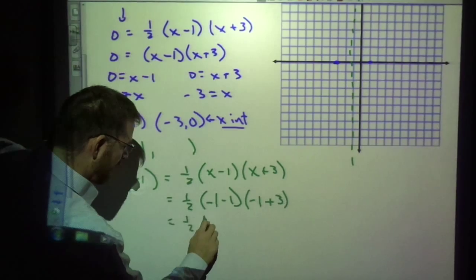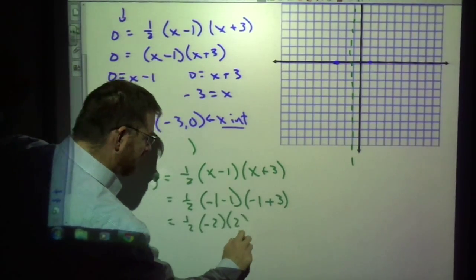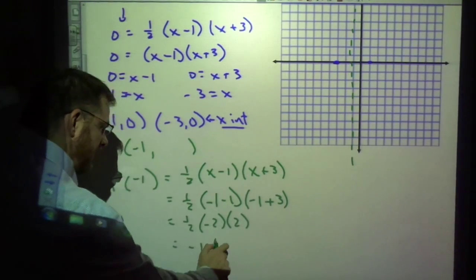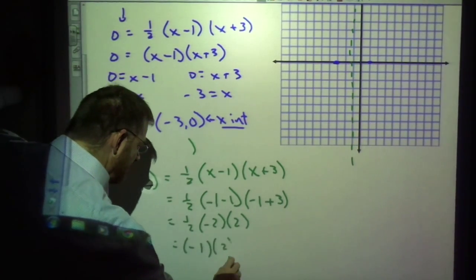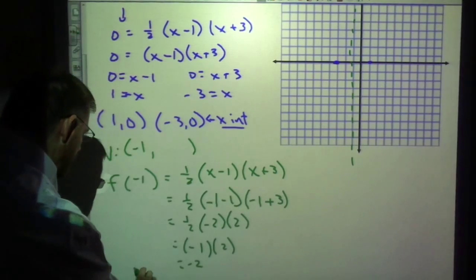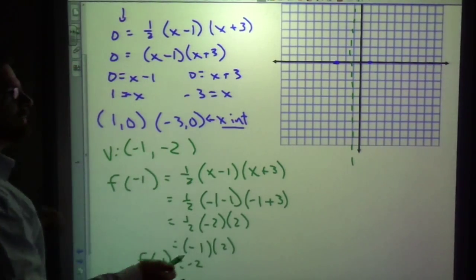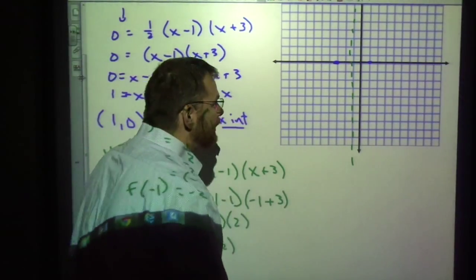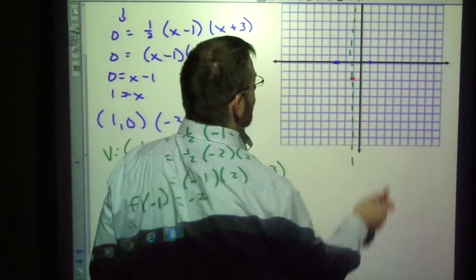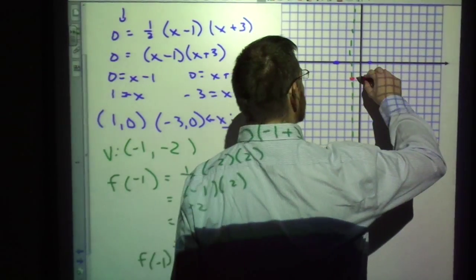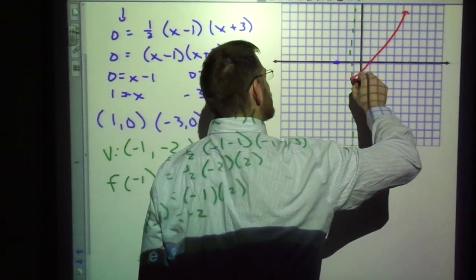Which is 1/2 times -2 times 2. 1/2 times -2 is -1. And -1 times 2 is -2. So f of -1 is -2. That is my minimum right here at -2. It's a little bit fatter than some of our other ones.